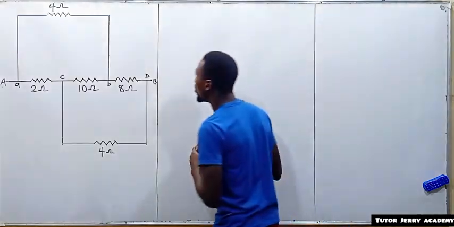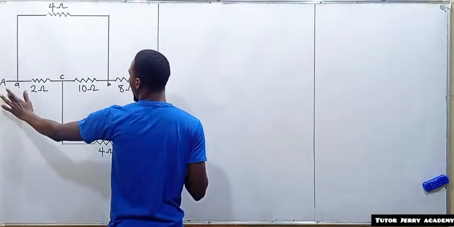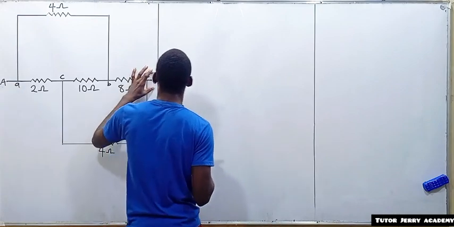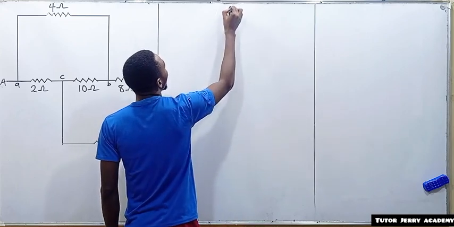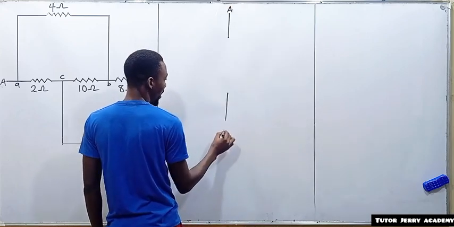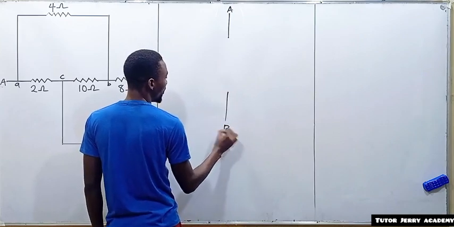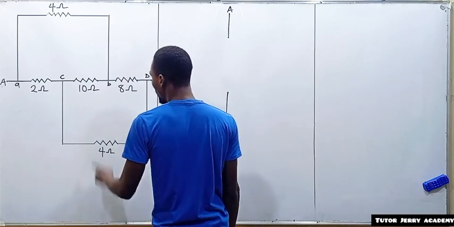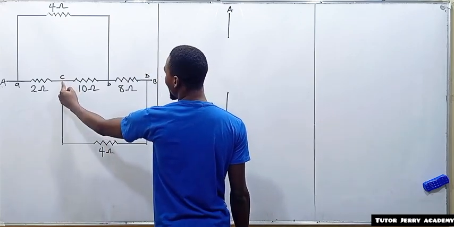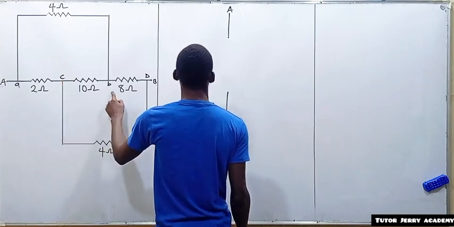And how is it going to look like? We have terminal A and terminal B here. So we can do something like this, and this will be our A. Something like this, this is going to be our B, right? All right. So again, if you look at this, we are having C and B here.